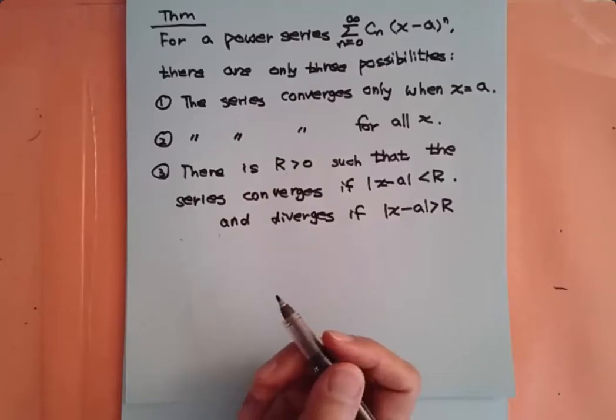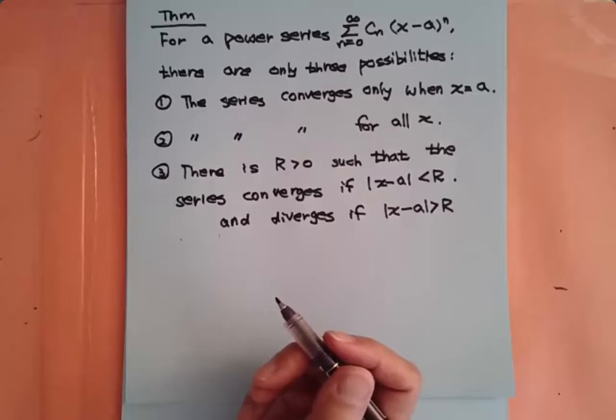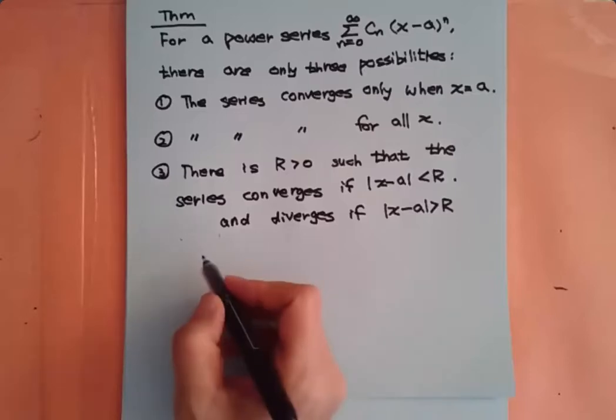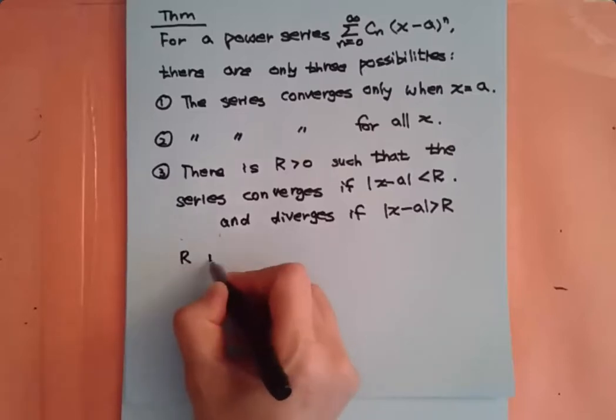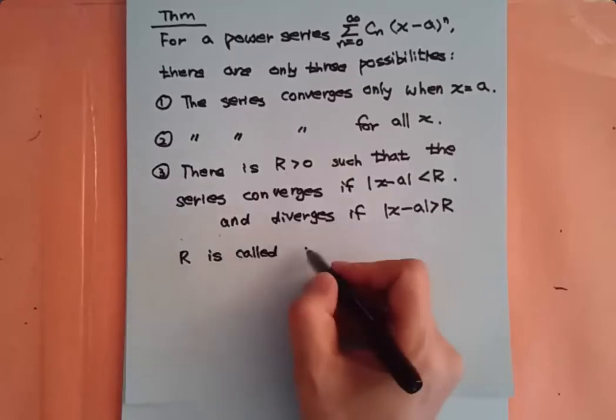In this case, there is a special name for this R. R is called the radius of convergence.